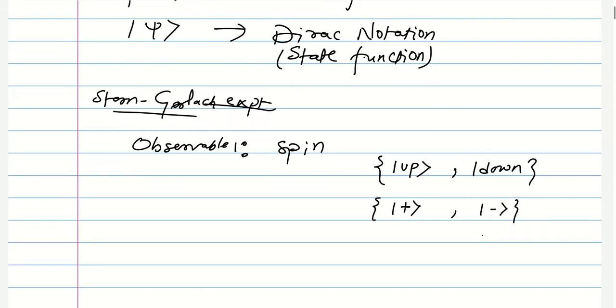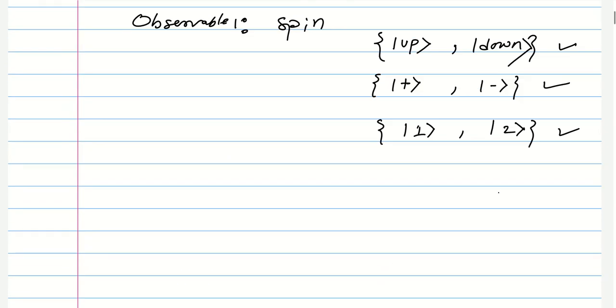So there are many possible ways to represent this. This will also do, some will represent by some label, let's say 1, and then with another label 2. So this is also a way of representing, right? In general, since it has only 2 states, it's 1 and 2, but it can have n possible states in some cases.